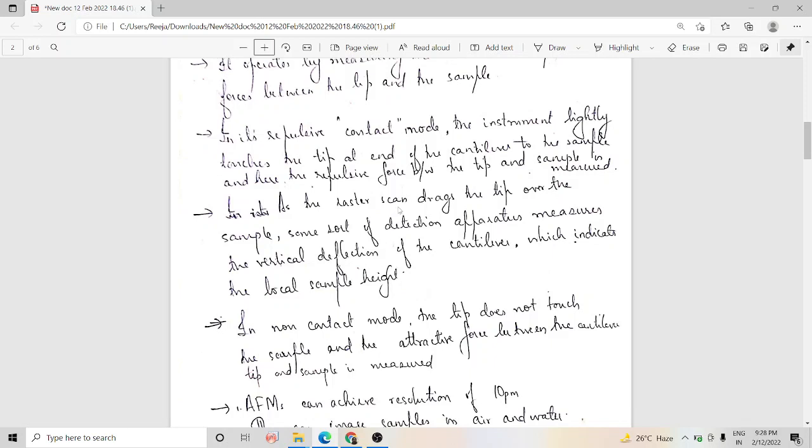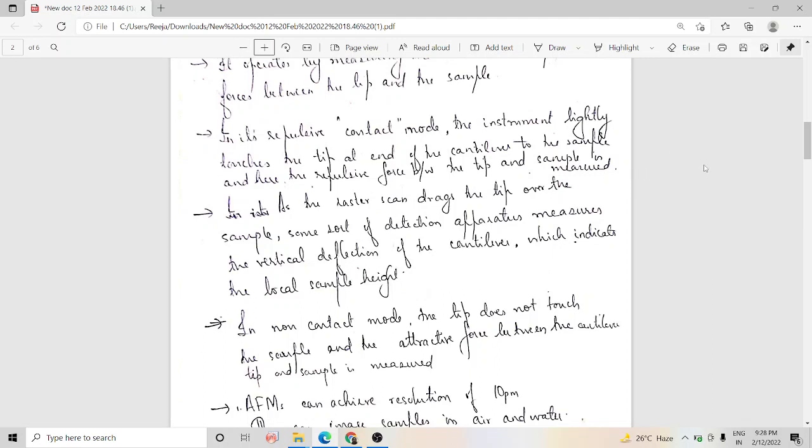Now, as the raster scan drags the tip over the sample, some sort of detection apparatus measures the vertical deflection of the cantilever, which indicates the sample height. Raster scan means some kind of line by line scanning is done. So the tip moves over the sample line by line.